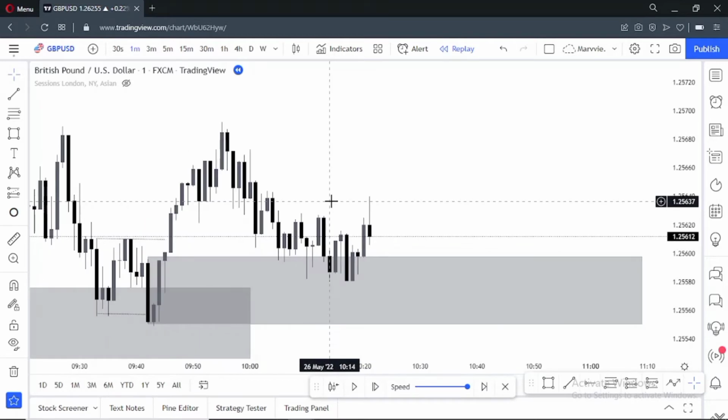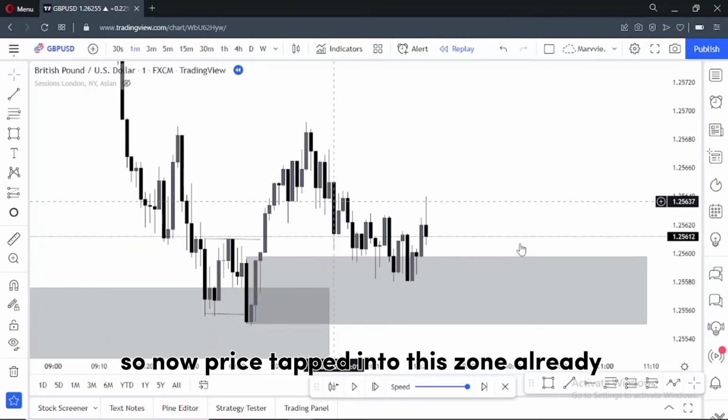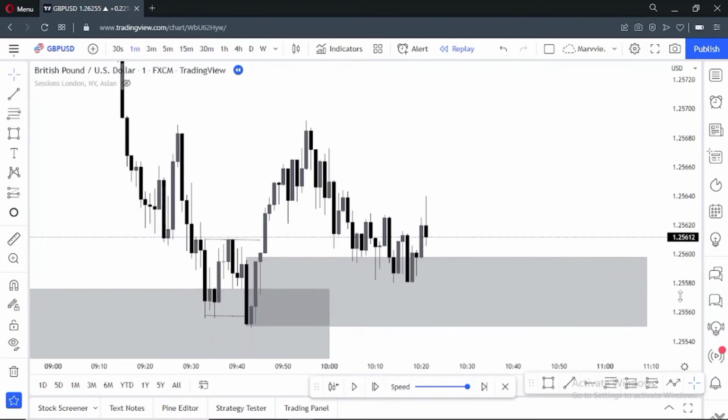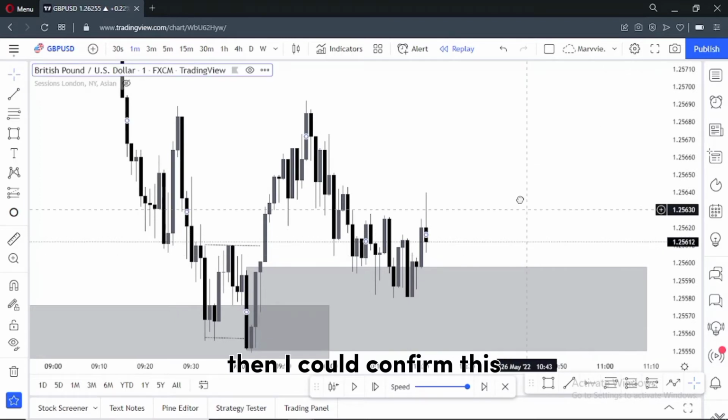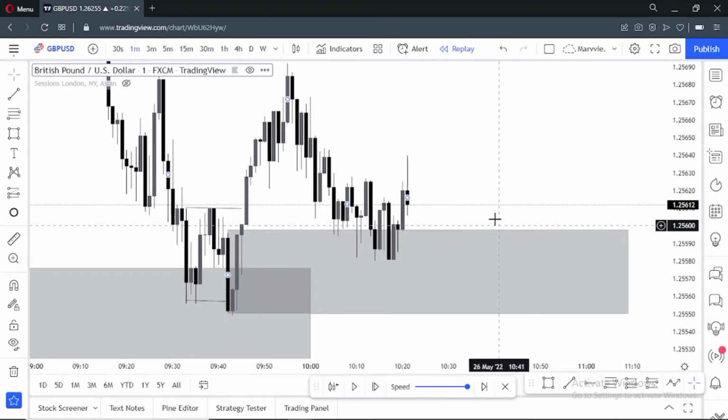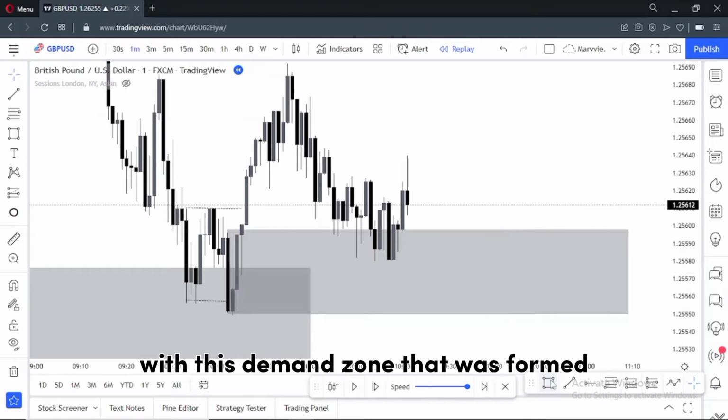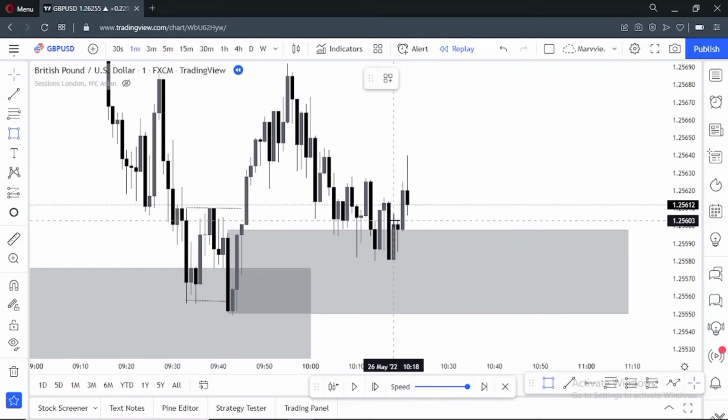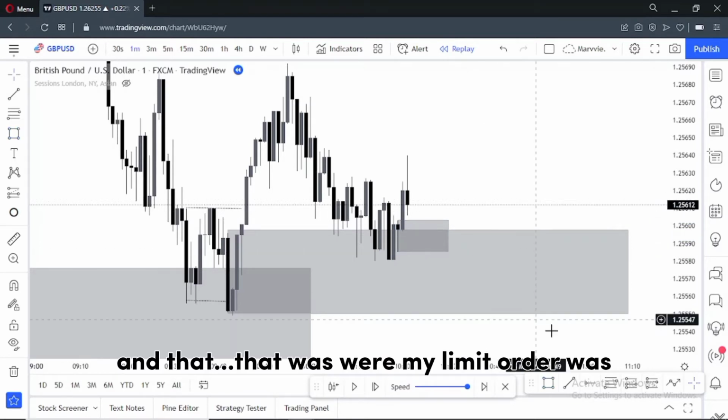So now price tapped into the zone already. Then I could confirm this with this demand zone that was formed. And that was where my limit order was.